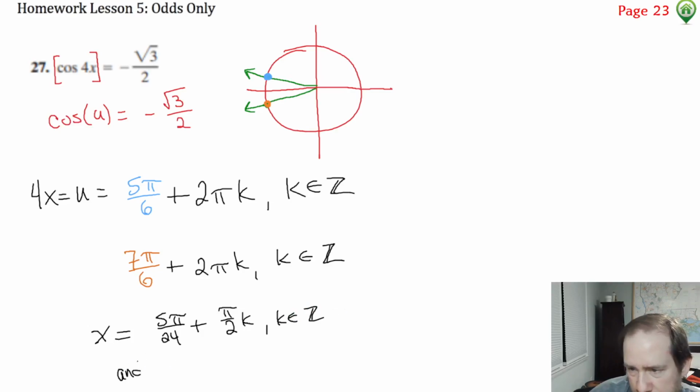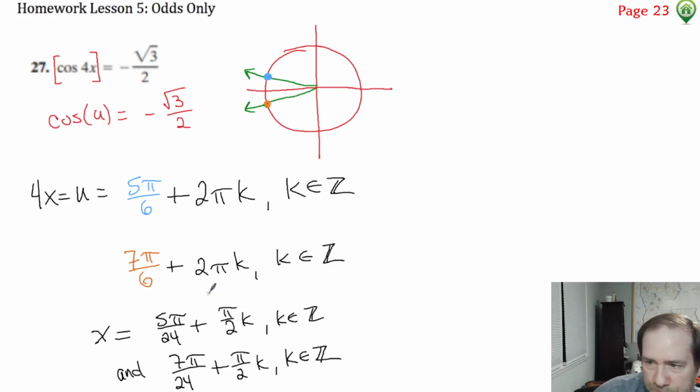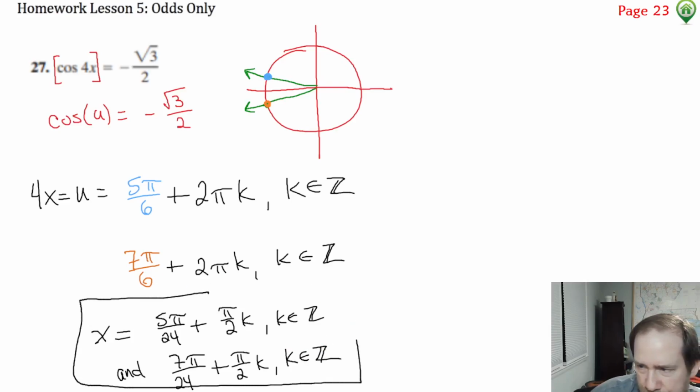And we want all the orange guys too. That'll be 7 pi over 24 plus pi over 2 k, where k is an element of the set of integers. So there's your solution set if you were supposed to give me every single possible answer.